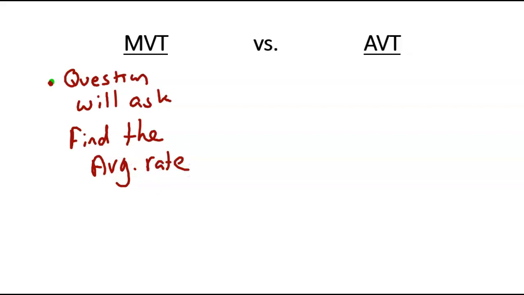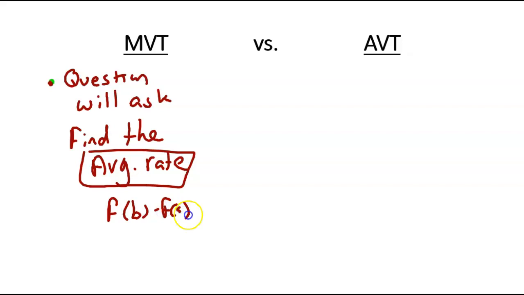Okay. Now there's other times when they'll ask you to find the average rate, and you don't necessarily have to do the mean value theorem, but you do have to do that f of b minus f of a over b minus a every time they say find the average rate. Okay. In that case, you're doing an f of b minus f of a over b minus a, and sometimes you're doing the derivative thing.